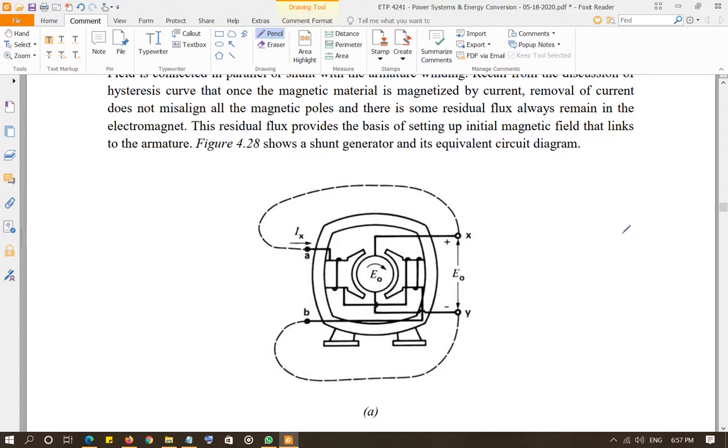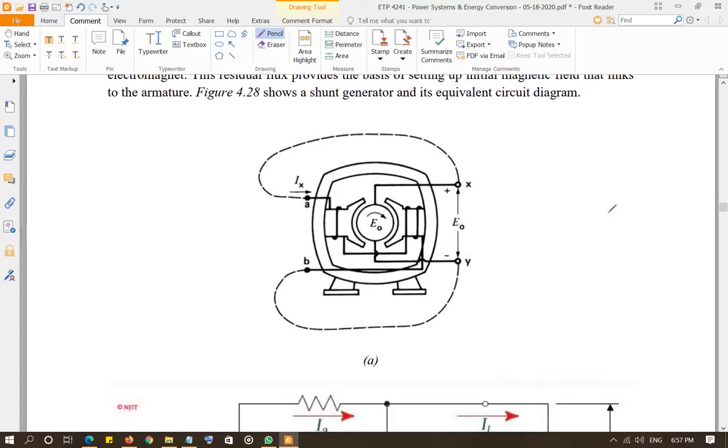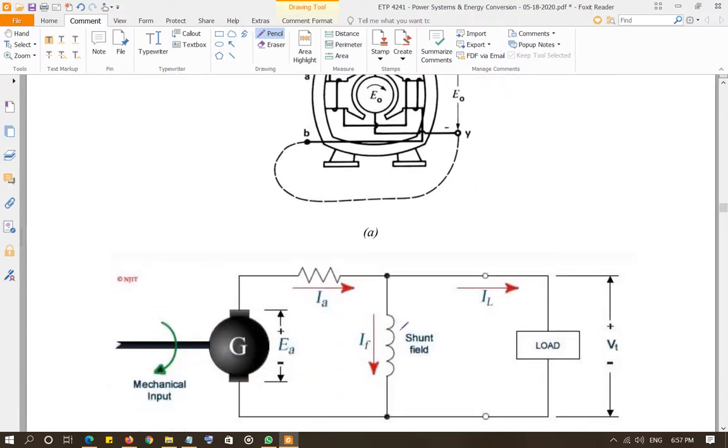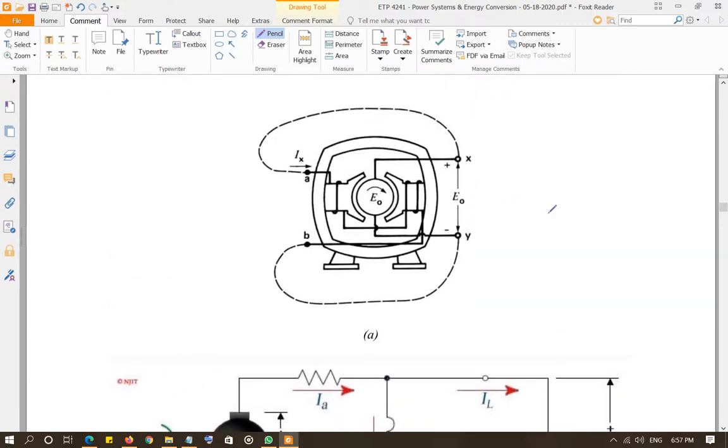So how do you produce flux in a shunt generator? It's a very interesting phenomenon. All right, so this is a circuit diagram, and this is the cross section of the generator. Let's go back to chapter number 2 when we discussed hysteresis. When an electromagnet is magnetized and you remove the magnetizing force, you remove the MMF, you remove the current that was producing the flux, the dipoles do not fully misalign.